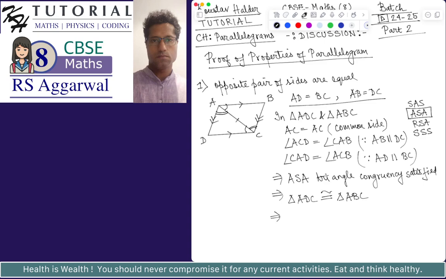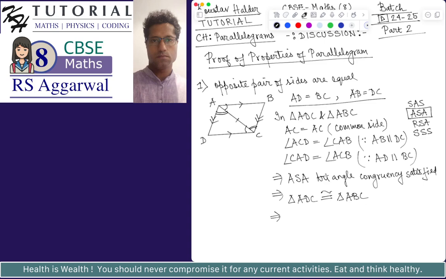Since these two triangles are congruent, all the corresponding sides and angles must be equal. Since AC is the common side, and two angles are already equal, we have already established that two angles of triangle ADC are equal to two corresponding angles of triangle ABC.